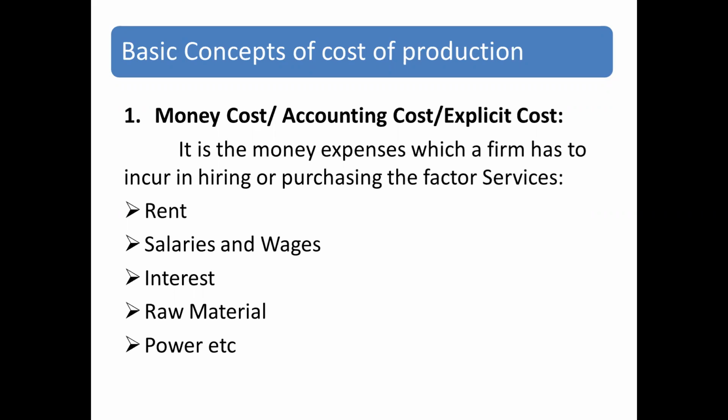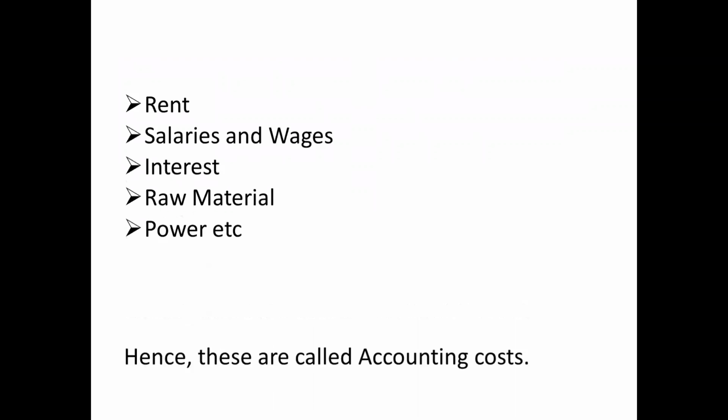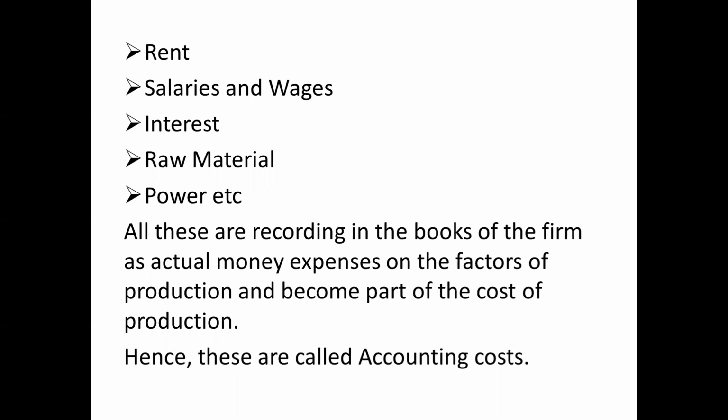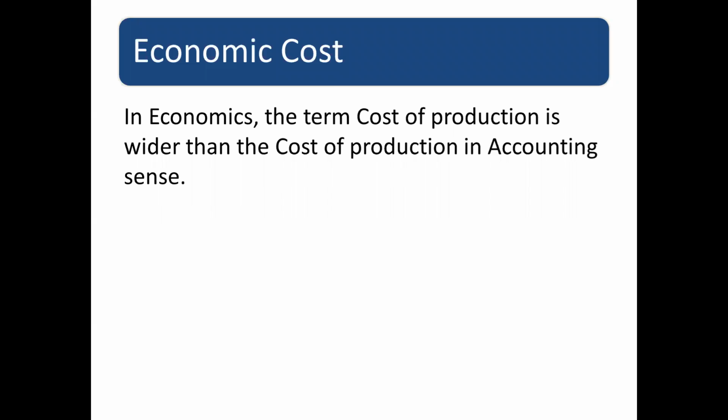There is a second term which is used, economic cost. The term cost of production in economics is wider, because in accounts we say the expenditure. In accounting cost, we say whatever he has paid, that is money cost.